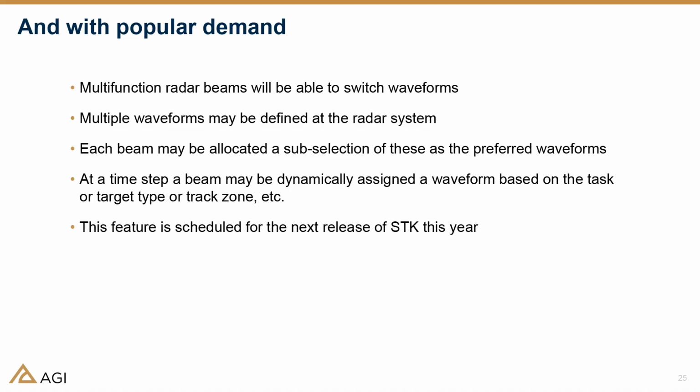In the future, what we want to do is have a list of beams as well as a list of waveforms that allow you to allocate the proper waveforms to a subselection of beams, so that it's no longer locked in to one specific setting being one beam. At every time step, that waveform will be dynamically assigned in such a way that is based on how you would expect your waveforms to follow the beam behavior.